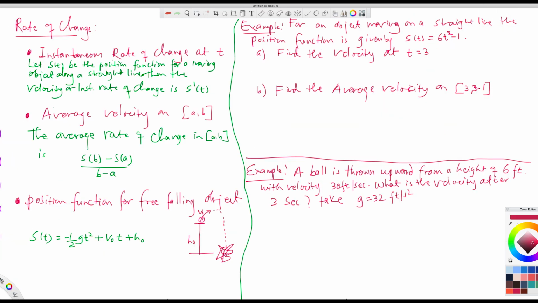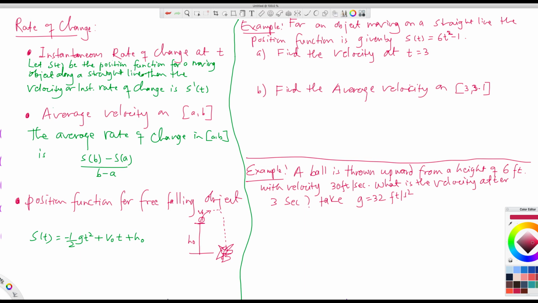Okay, before we do some more examples, let me give you some definitions, okay? So we said that the derivative is used to find out the slope of a function, right? Also, the derivative can be used to find out the velocity of a moving object, okay?